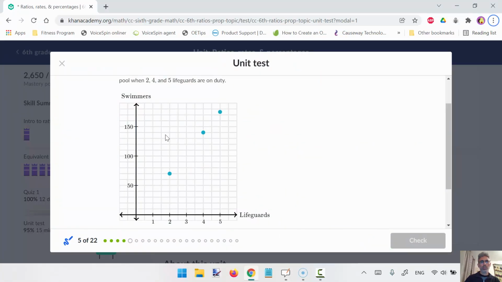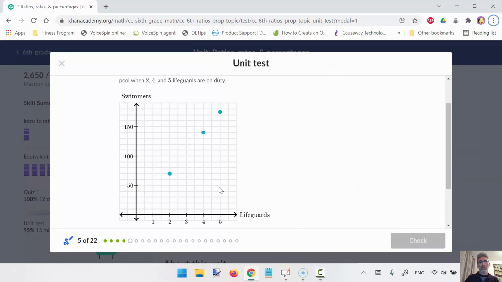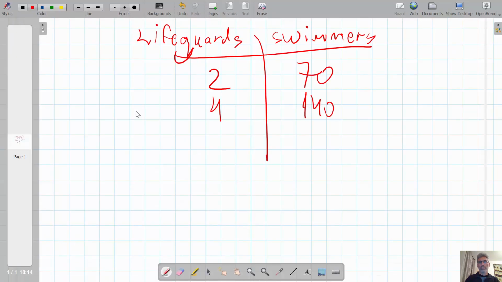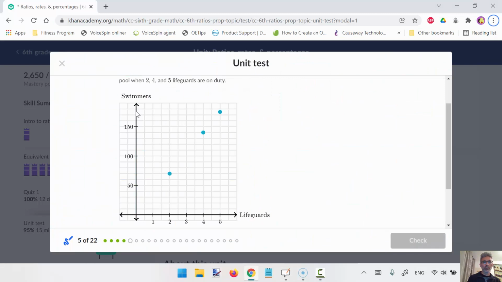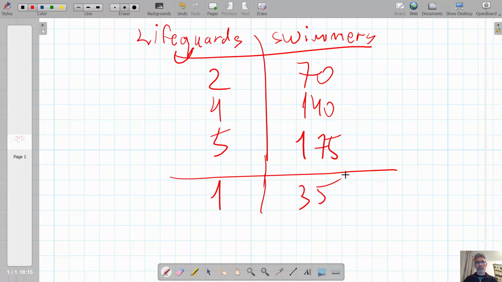4 to 140, and 5 to 175. Yeah, 175. Which means that for every one lifeguard, they permit 35 swimmers in the swimming pool.